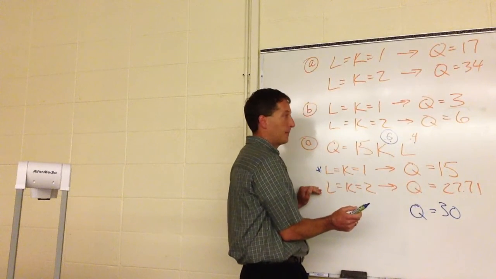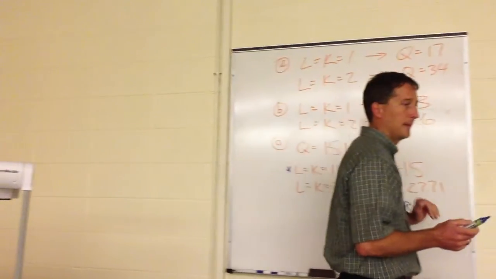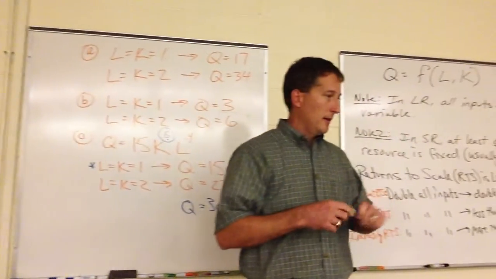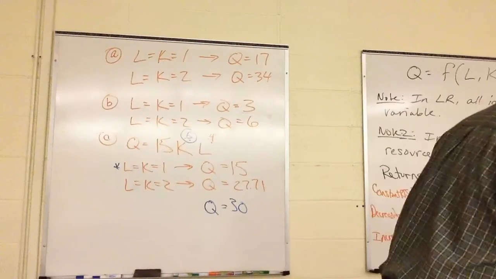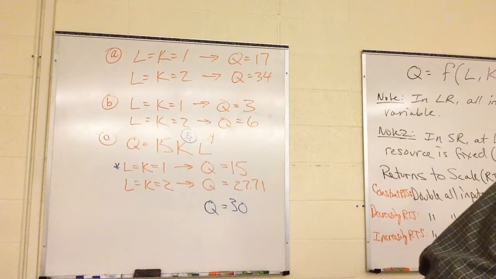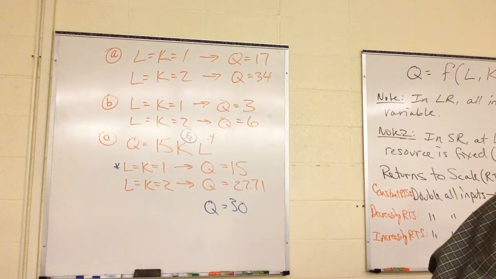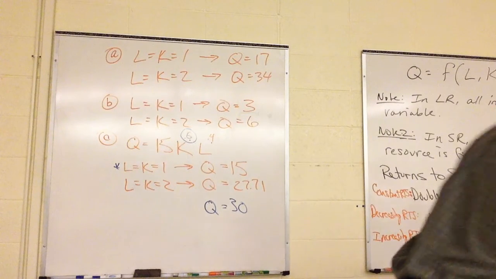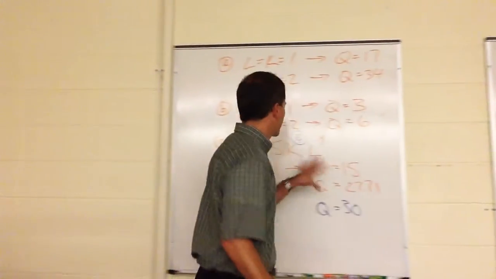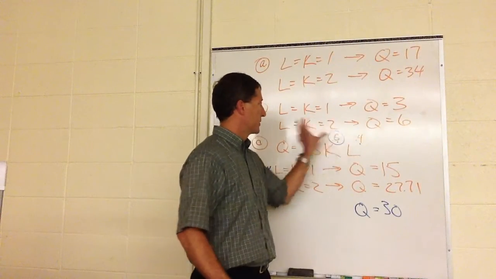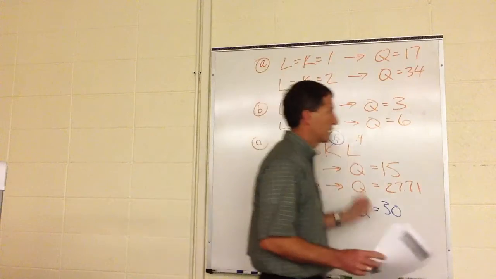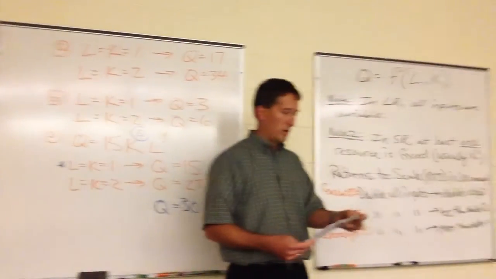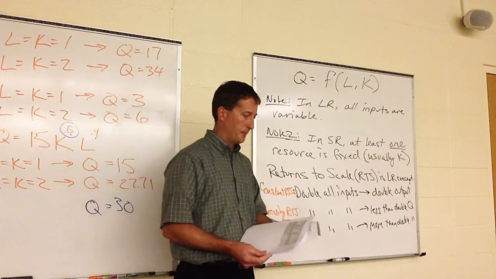So yeah, greater than double. Now you'll start to see that, and we saw this in the utility functions too. That's just kind of a normal one to pick up on.